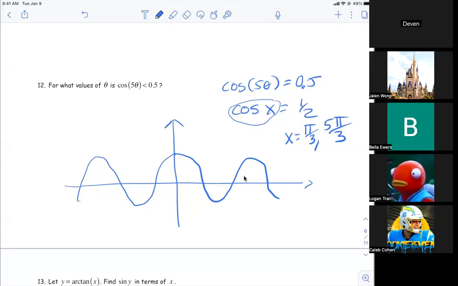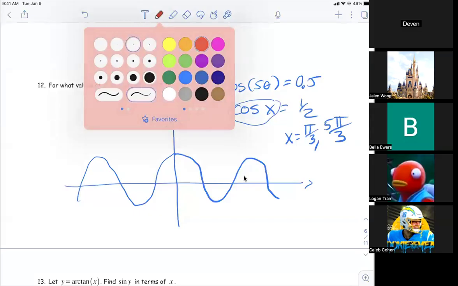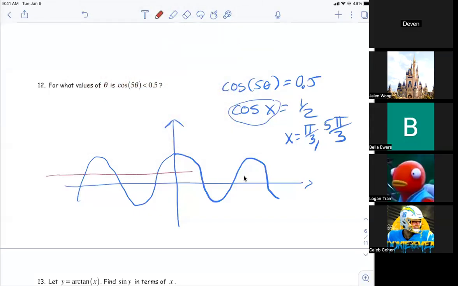So if I think of quadrant 1, let's draw a half. So this would be y equals a half. I think the first time to the right of the y-axis that it's a half would be pi over 3. And then the second time in that fourth quadrant would be 5 pi over 3, and so on. So I want to think of all values here, and it just keeps repeating.